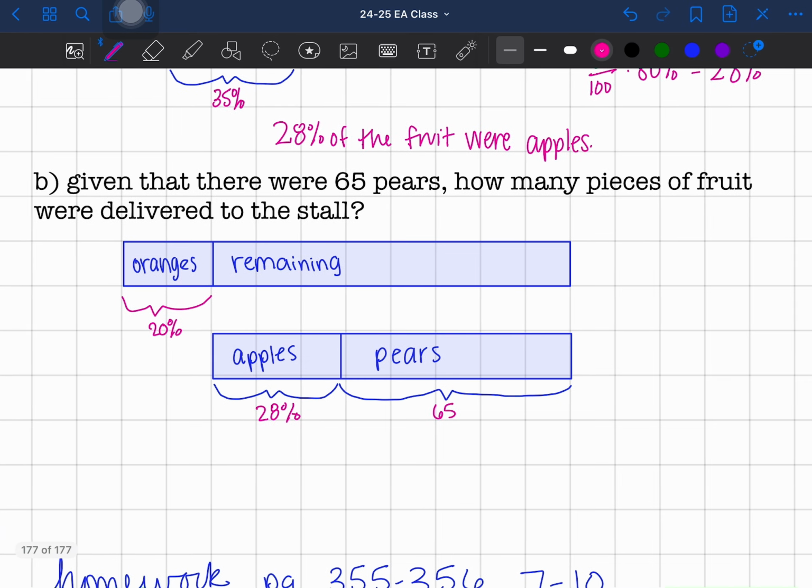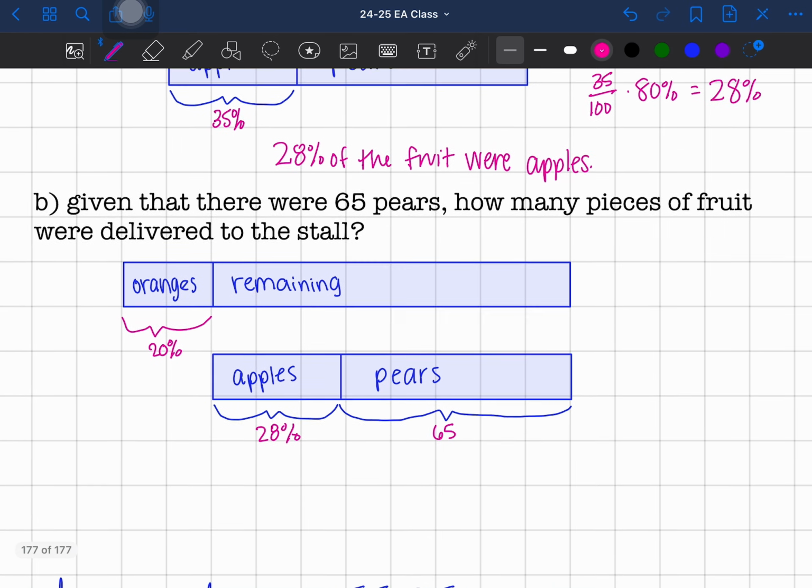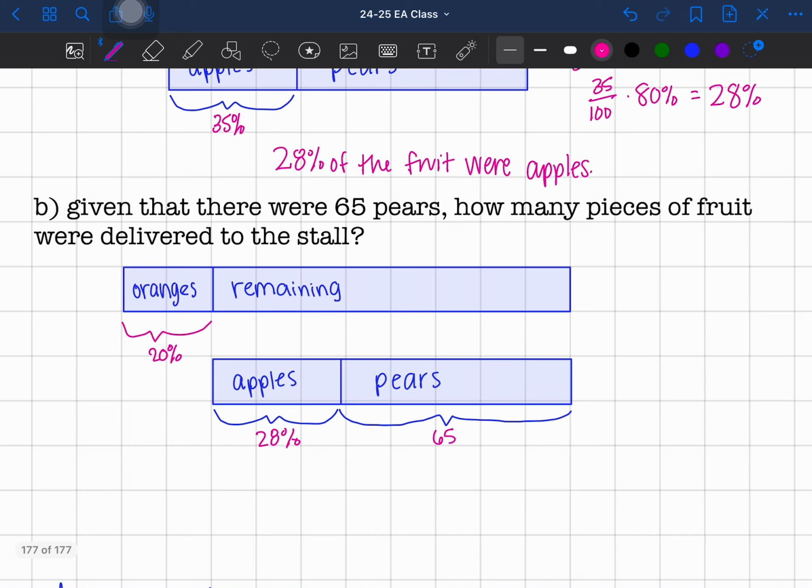How do you find how many pieces of fruit were there total? Well, you need to find the percentage of the pears. And to find that, you would do 80% minus 28%, because remember the remaining part is 80%. 80% minus 28% is 52%.